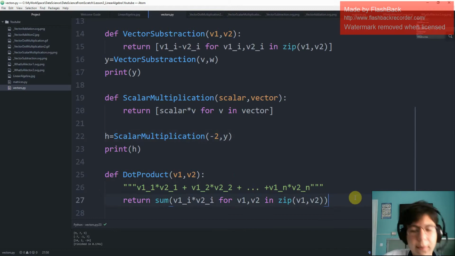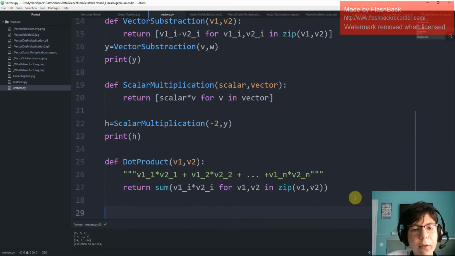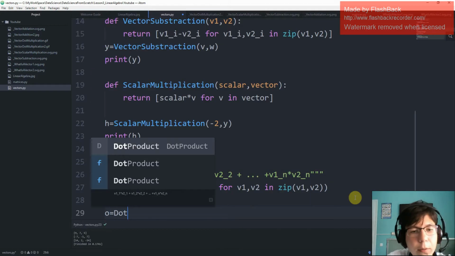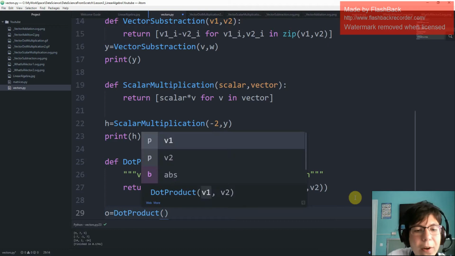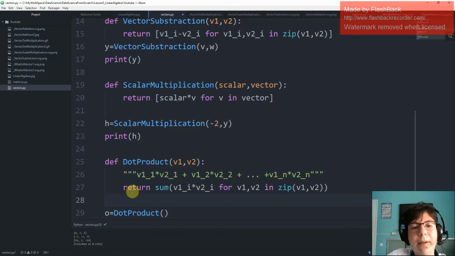And now let's test our function here. So let's define another variable called O, which will be equal to the dot product. Well, O will not be a vector, it will be a number, because the dot product returns a scalar, a number, not a vector, as you can see here, because you have a sum, not a list.